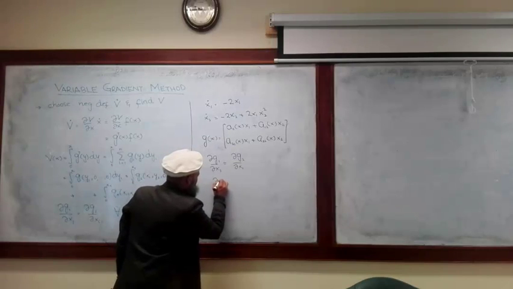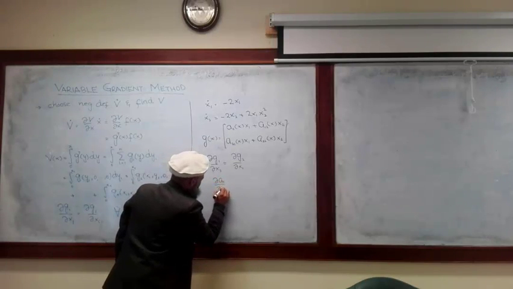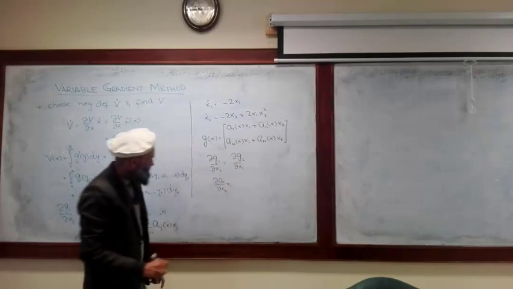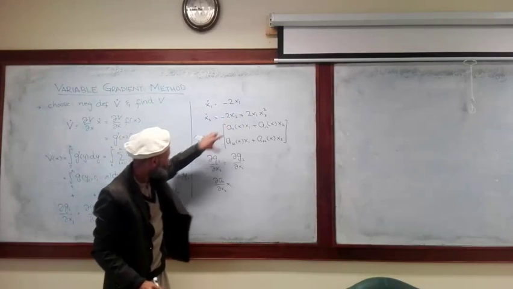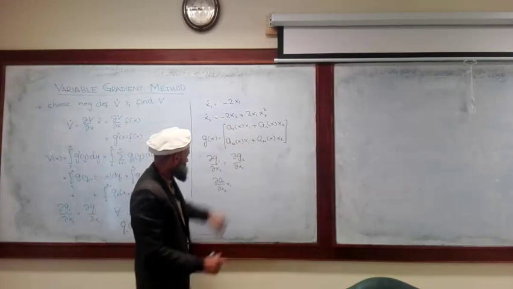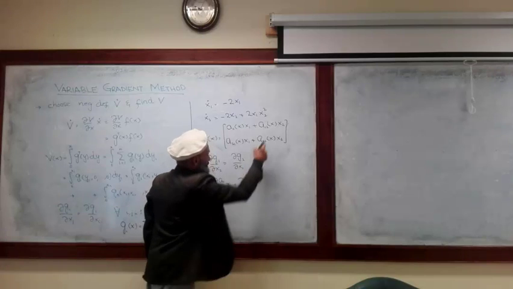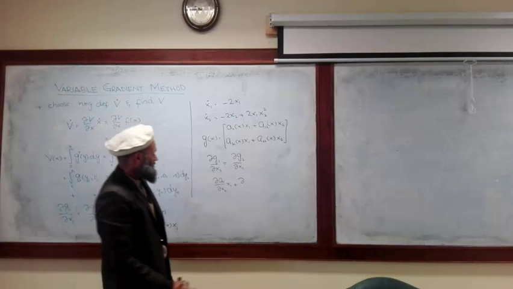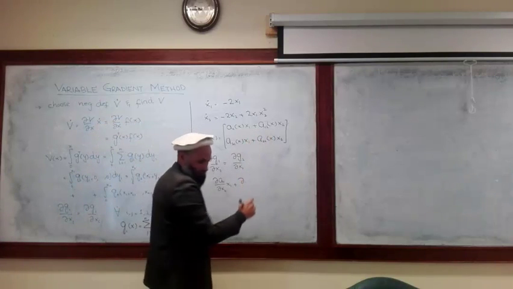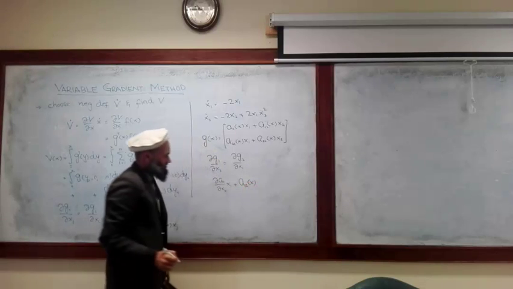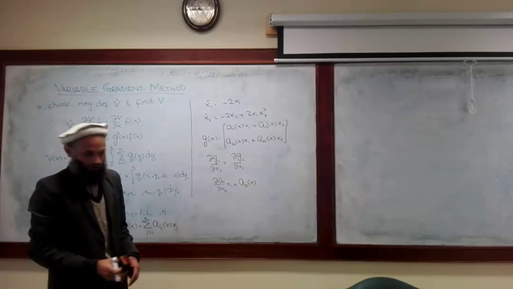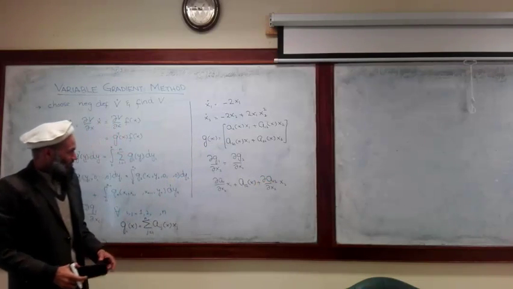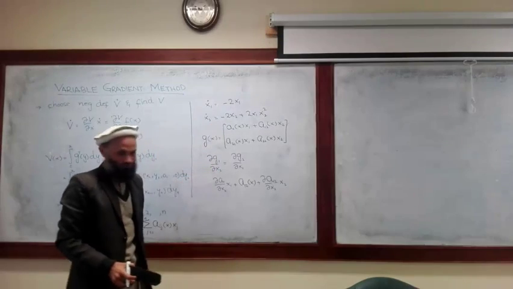So partial a11 over partial x2, into x1. It is the partial derivative of this with respect to x2, and then plus, how to take the derivative with respect to x2? Product rule. First function into derivative of second, which is 1, and then second function into derivative of first. This is the derivative of g1 with respect to x2.